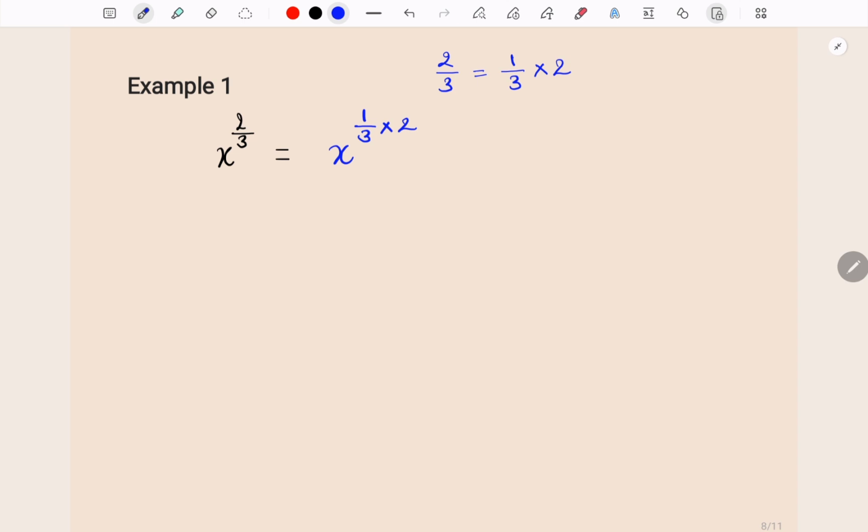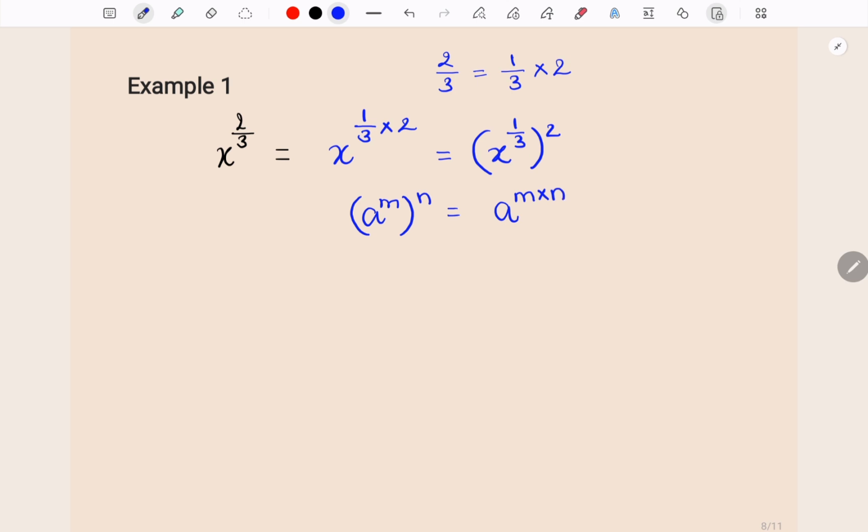And from the laws of indices, especially power of a power, I can rearrange the powers like this, right? Because we know that whenever we have power of a power, we can simply multiply the powers, keeping the base same.